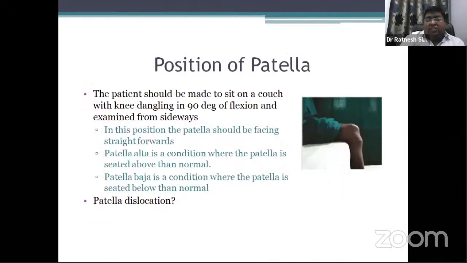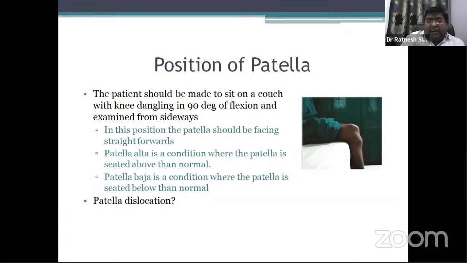Then check for the position of the patella. The patient should be made to sit on a couch with the knee dangling at 90 degrees of flexion and examine from the front and side. Normally, in this position, the patella should face straight forward.